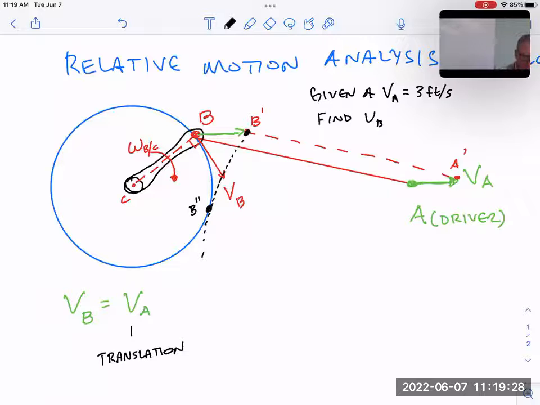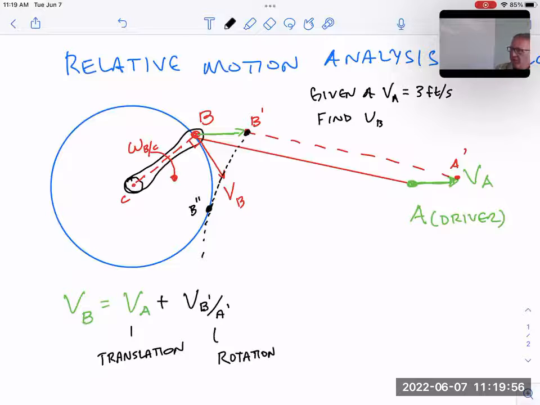Secondly, there's a rotation, where the velocity of B prime, in this case, is as it rotates around A prime. That's the second thing I drew there. Does it make sense? So first B went to B prime, translating, and then it rotated. Then there was a rotation back into position.